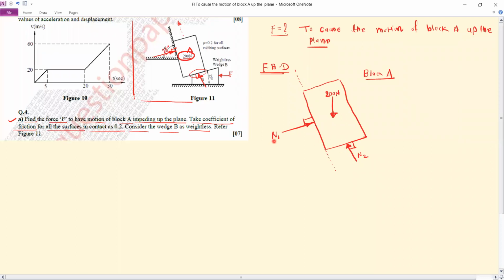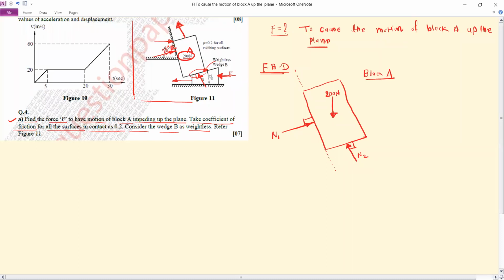Now we have to show the friction force. The friction force will be at this contact surface and at this contact surface, so we have to decide the direction of the impending motion. When we apply the force F in this direction, that is along the negative x direction, wedge B will slide in this direction, and due to this, the block A will slide in the upward direction.